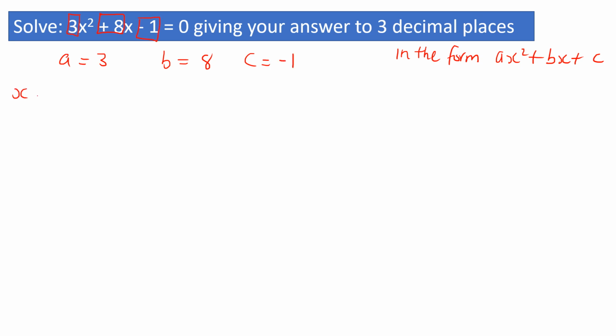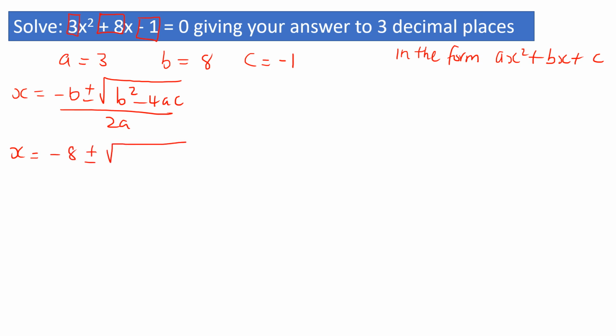Let's write down our formula. x equals negative b plus or minus the square root of b squared minus 4ac all over 2a. So x equals negative 8 plus or minus the square root of 8 squared minus 4 by 3 by a negative 1, all over 2 times 3.